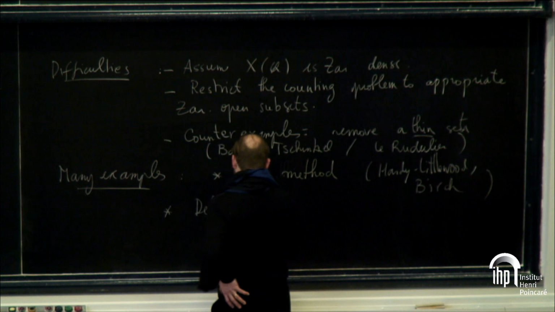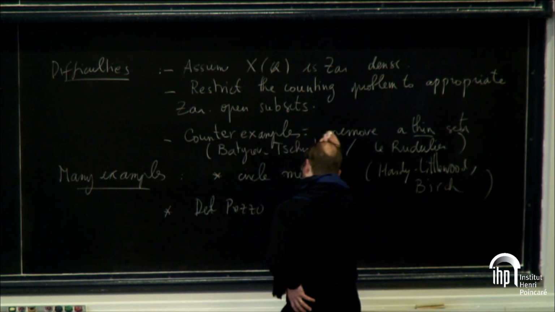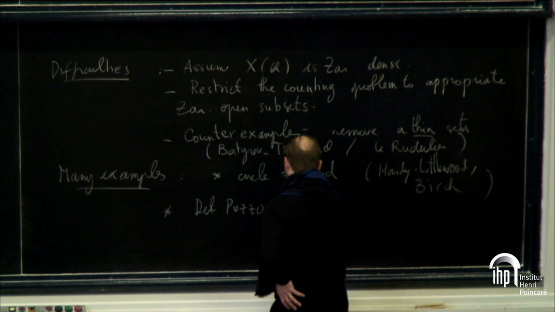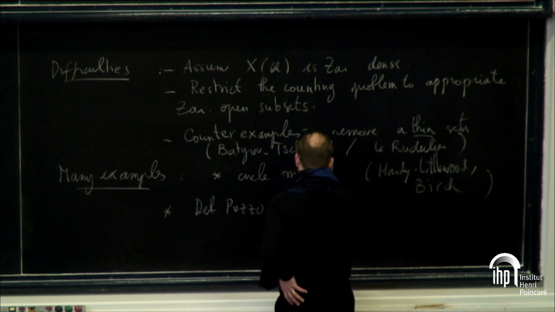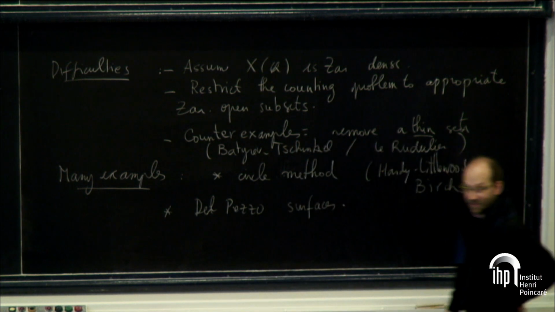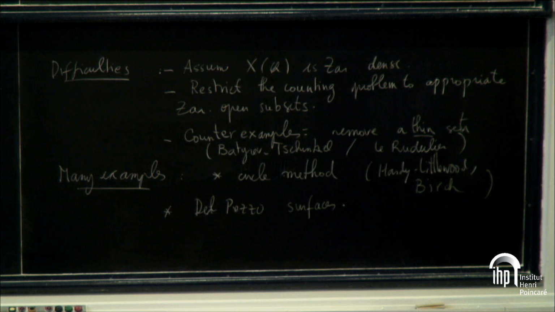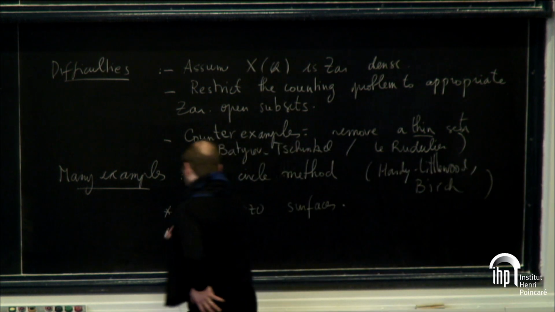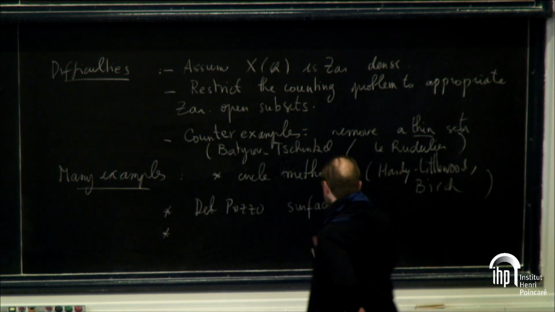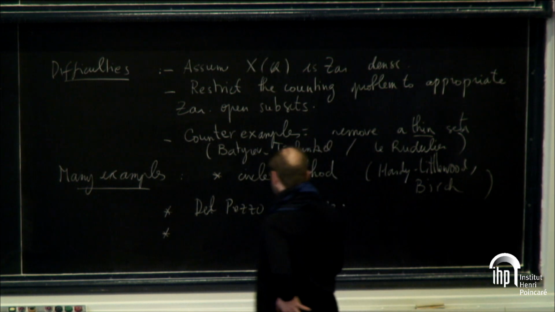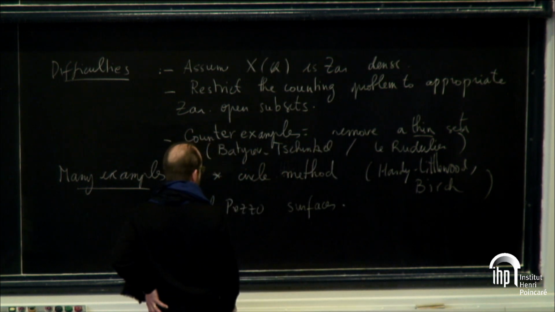A lot of people in the 90s and the beginning of the century have studied Del Pezzo surfaces, for example de la Bretèche, Browning, and so on. The general case of a Del Pezzo surface is still open, but many cases have been done.